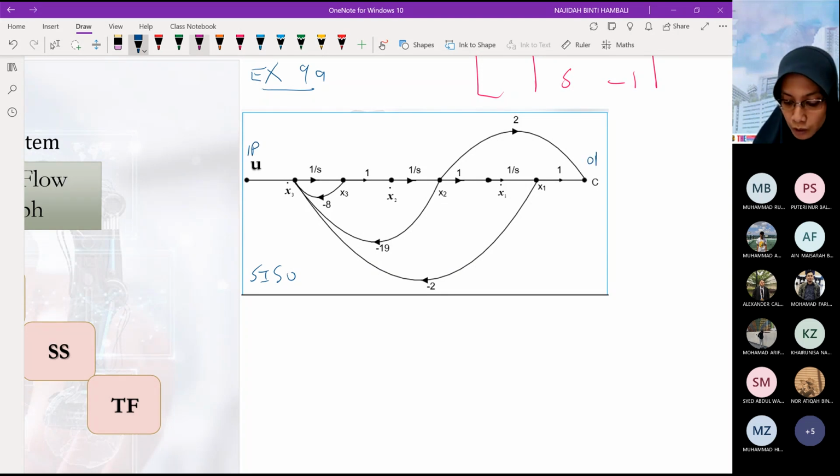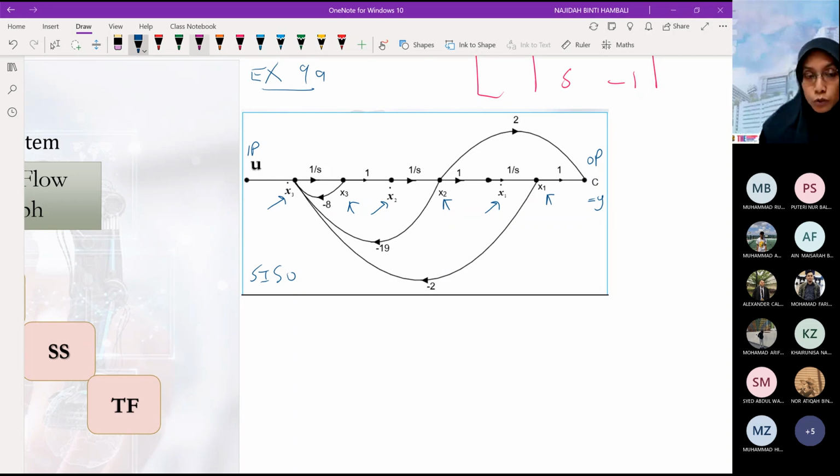You also have to know that C is equal to Y because in the second equation of the state space, you'll be using variable Y for the output. Okay, for this one, you can analyze that in this signal flow graph, we have three state variables, X1, X2, and X3. At the same time, we also have three state derivative variables, X1 dot, X2 dot, and X3 dot.